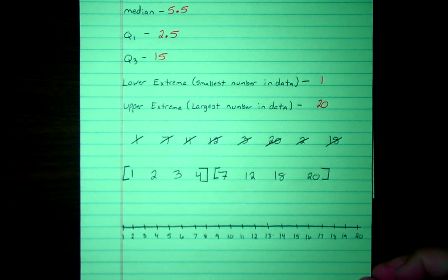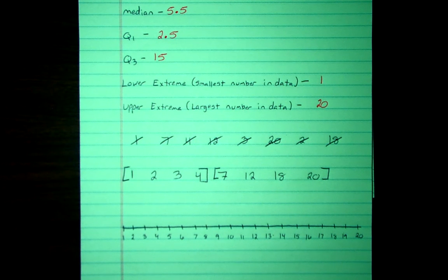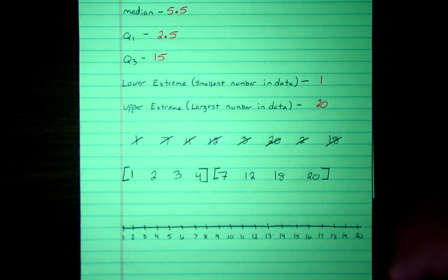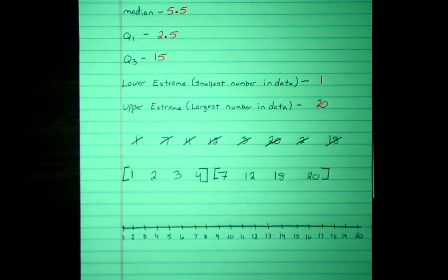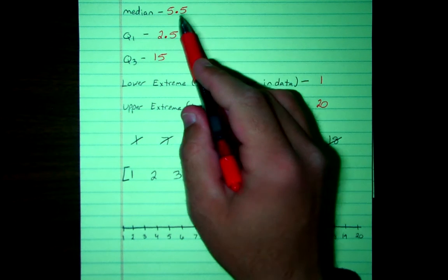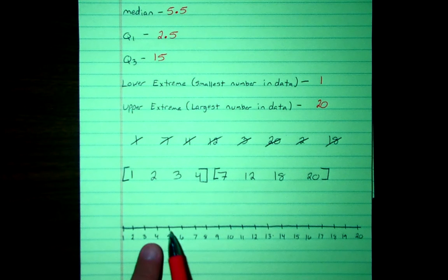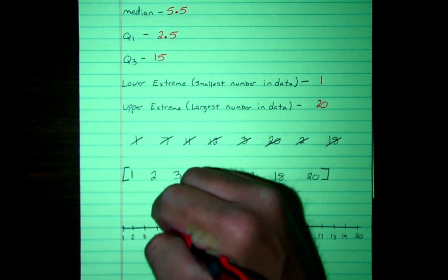Alright, so here we go. I'm going to start by making my box, which is my median, my Q1 and Q3. So I need a dot at 5.5. So here is 5.5. It's right between 5 and 6. So I'm going to put a dot right up here.